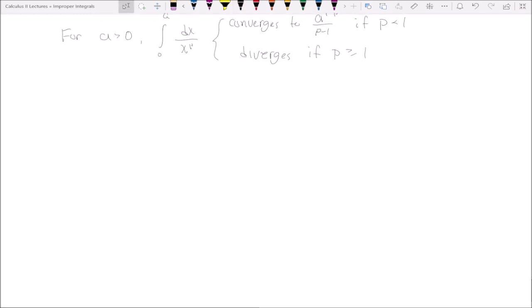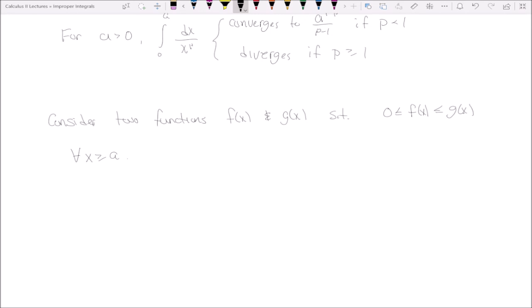Now, consider two functions, call them f of x and g of x, such that 0 is less than or equal to f of x, which is less than or equal to g of x, for all x greater than or equal to a.